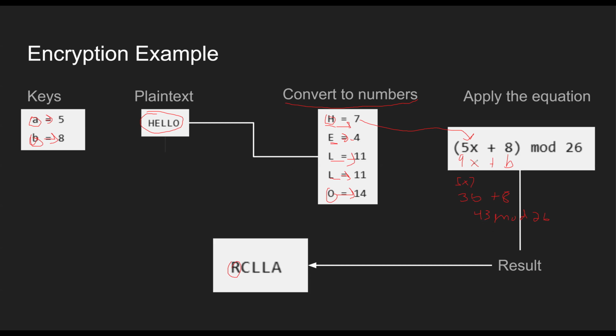So for E, we plug in 4 here. So it would be 5 times 4 plus 8 mod 26. That simplifies to 20 plus 8 mod 26, which simplifies to 28 mod 26.